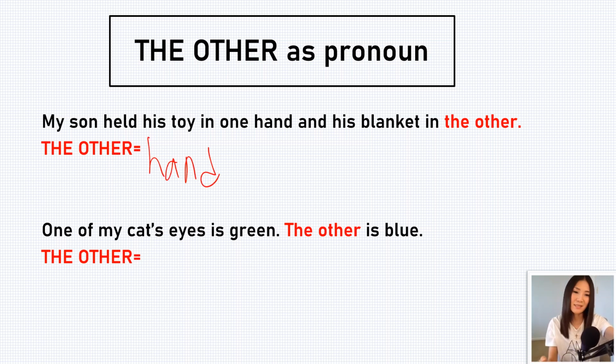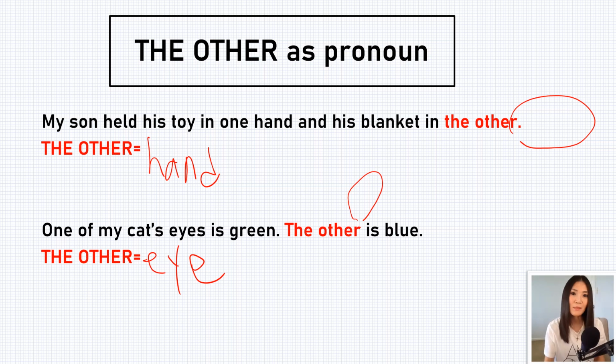He has 2 hands. One of my cat's eyes is green, the other is blue. The other is a pronoun that represents the other eye. This is very similar to what we discussed when we were talking about determiners, right? But instead of having a noun that comes right after, clearly there is no other noun that comes after this pronoun. But the way we use it is the same as we discussed when we were talking about the determiner.